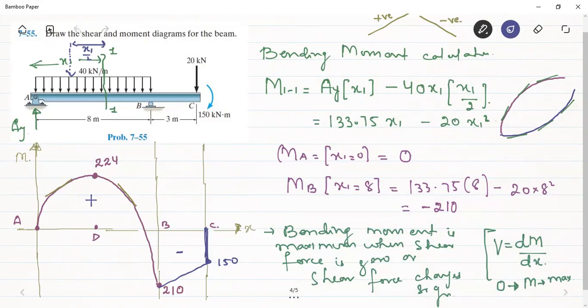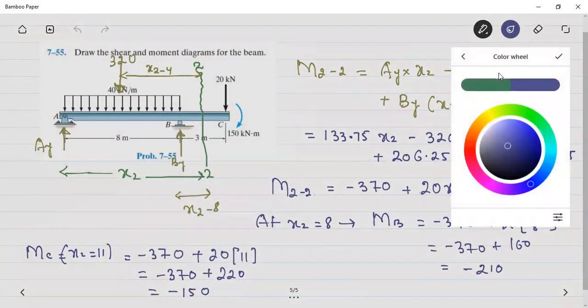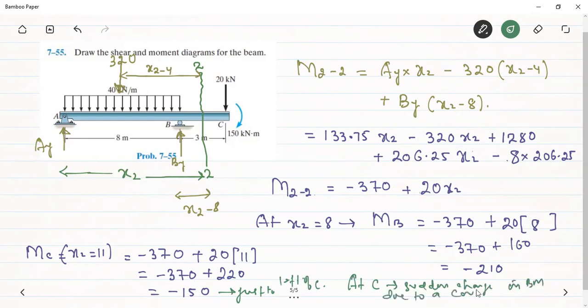So actually this minus 150 is just to the left of C. And at C, there is a sudden change in bending moment due to a couple of 150 kilonewton meter.